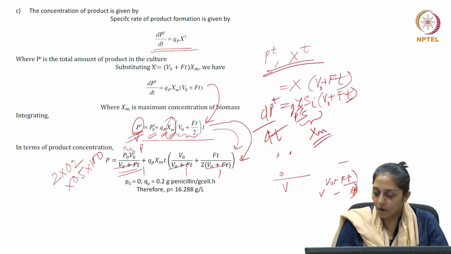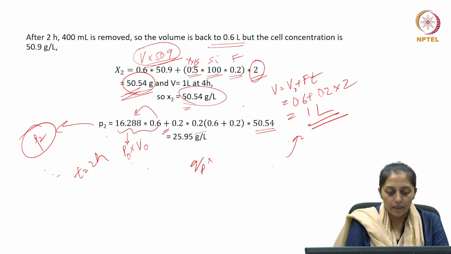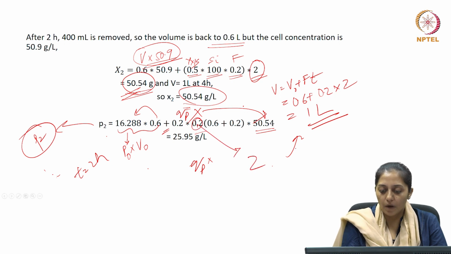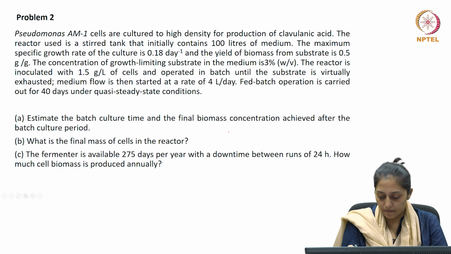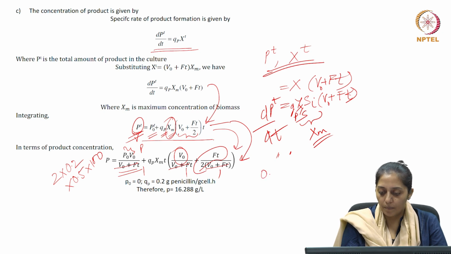So, for this problem, this can be simplified as shown here as P naught times V naught plus QP times X, which is here the steady state concentration, multiplied by the time 2 hours. So, this is a typo here, the time is 2 hours, and in the brackets we have V naught plus Ft by 2. So, F is 0.2, time is 2 hours, by 2.